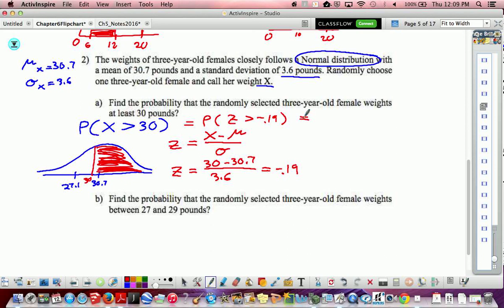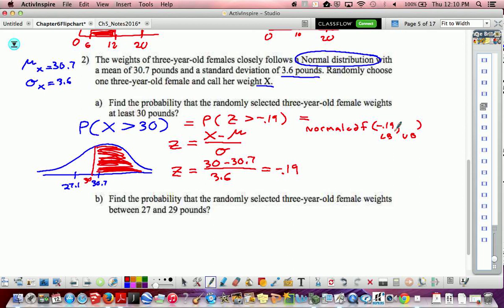Normal, you got it. Cumulative distribution function, yep, CDF. Now I have to put 2 numbers in here: lower bound, upper bound. What's my lower bound z-score? This negative 0.19, what we just found. What's my upper bound?